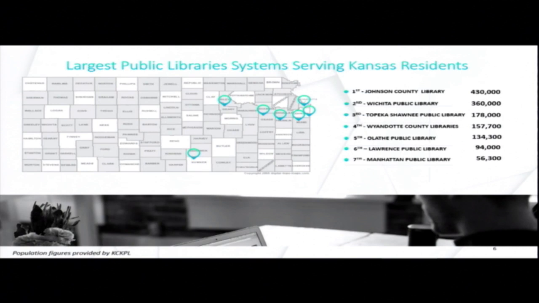These are roughly population figures provided by the Kansas City, Kansas Public Library System. And Johnson County's library has 430,000 residents that are served by their library system. Wichita's second at 360,000. Topeka and Shawnee Public Library has 178, and Wyandotte County in total has 157.